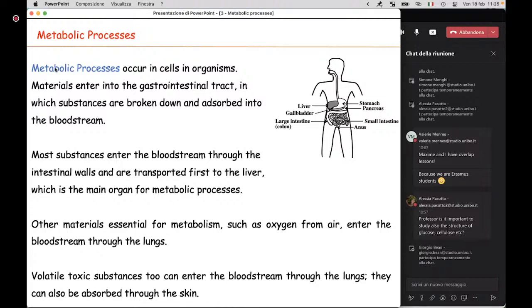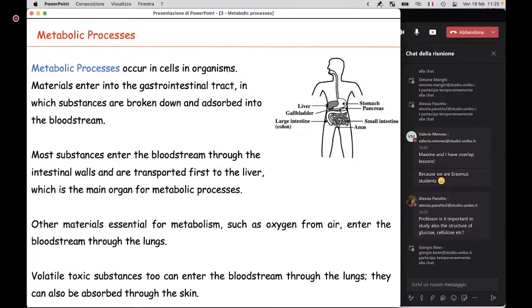In particular, metabolic processes are those processes involving the intake of substances into the body, and their breaking down into smaller molecules that can be absorbed through the intestine. Okay, so we mainly introduce food and water, drinks, into our body through the mouth.